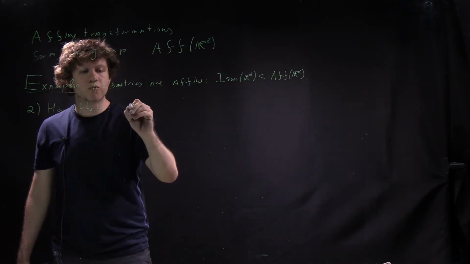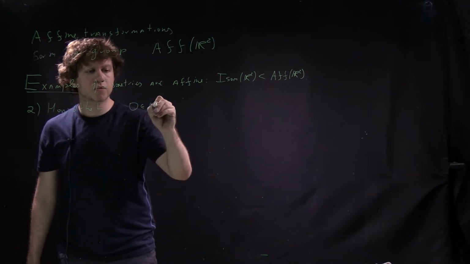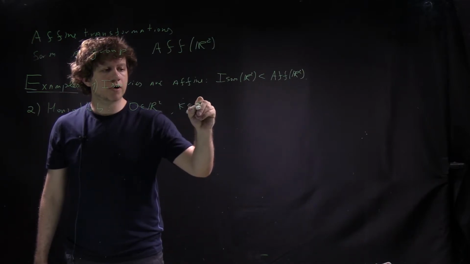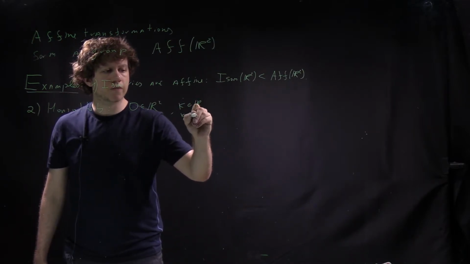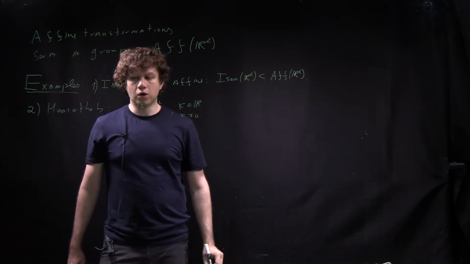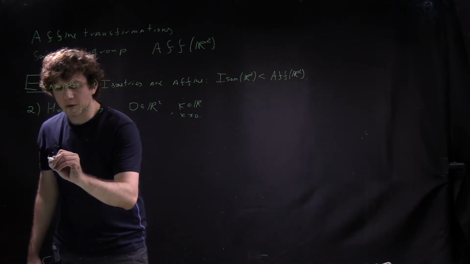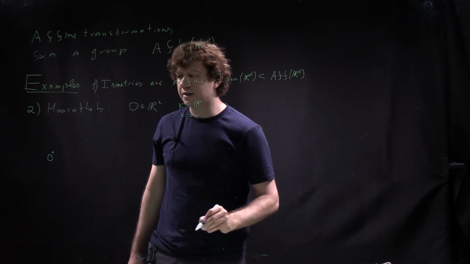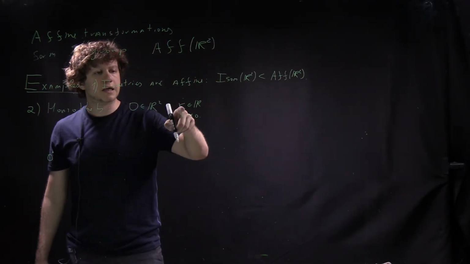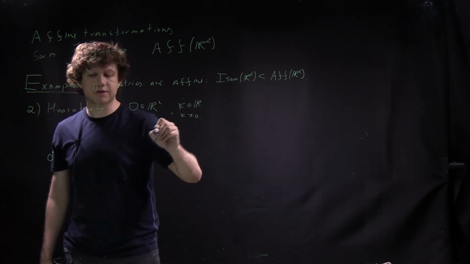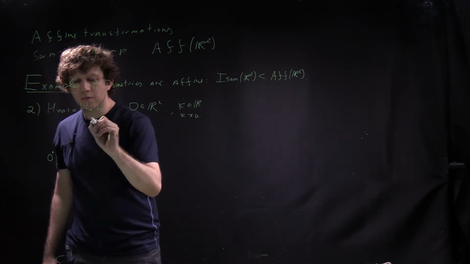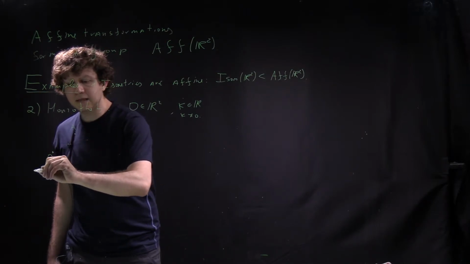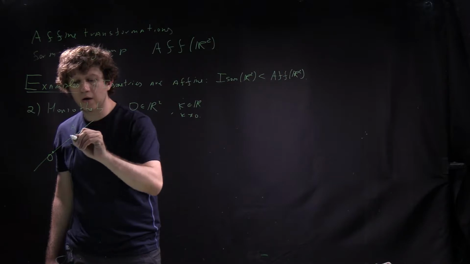Take a certain point O inside R2 and take a coefficient k, a real number not equal to 0. So the picture is, this is O, and there is this k. Let me assume for a second that it is bigger than 0.